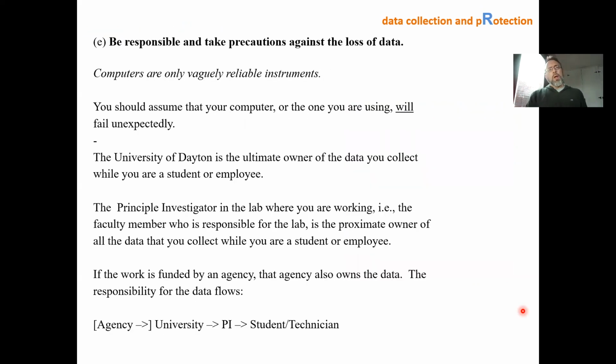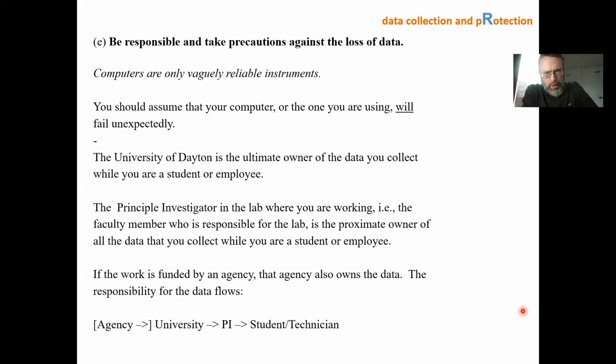Take precautions against the loss of data. This is probably less important now in the era of Google Drive, but it's still something to think about. Computers are only vaguely reliable. We have to assume they're going to fail. There's going to come that moment where it's fried and you don't know what happened.